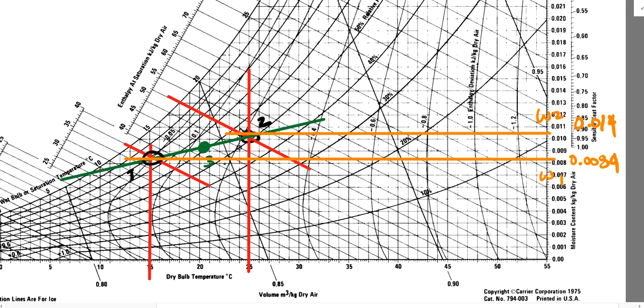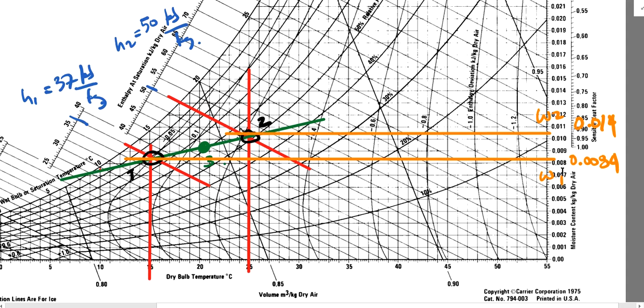And for the enthalpy, let's say H1 is equal to 37 kilojoules per kilogram, and right here we have 50 kilojoules per kilogram.